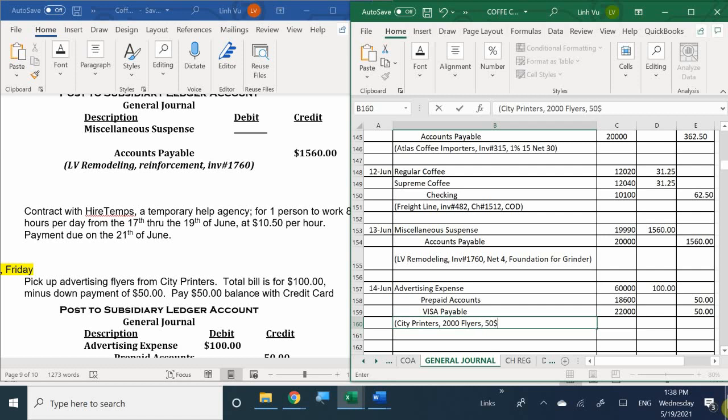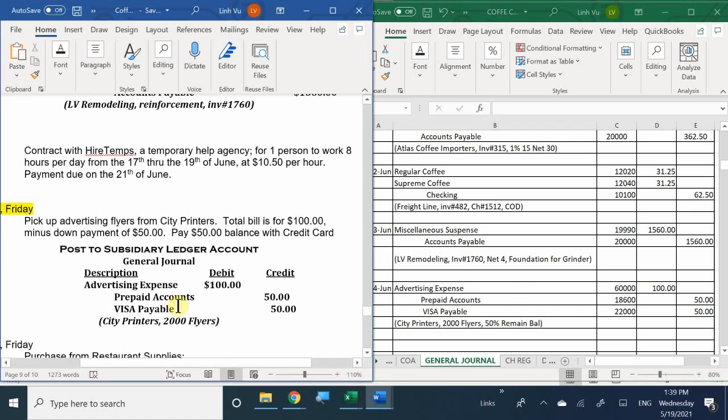Or you could say 50% down payment, since you already made the down payment, or pay 50% remaining balance. Whatever details you feel are necessary for this transaction. So I completed my journal: we got the date, the vendor, and all the necessary information.